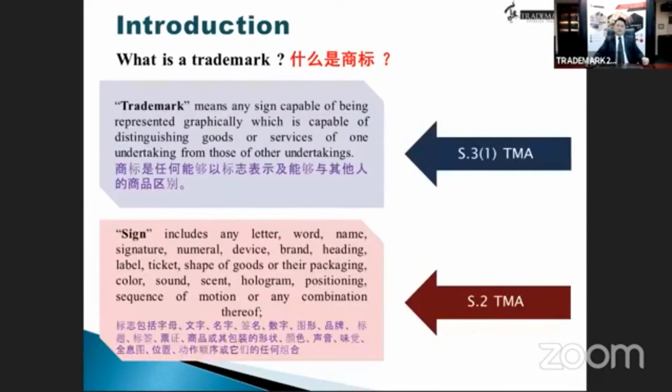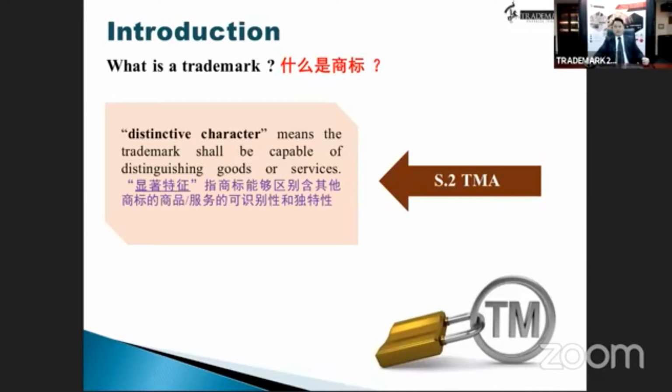So what do you mean by graphically capable of distinguishing goods or services? The purpose of a trademark is to distinguish your goods and services from one proprietor to another proprietor. That is the function and the main purpose of a trademark. They call it distinctive character.